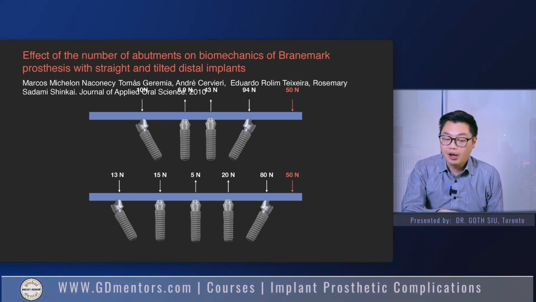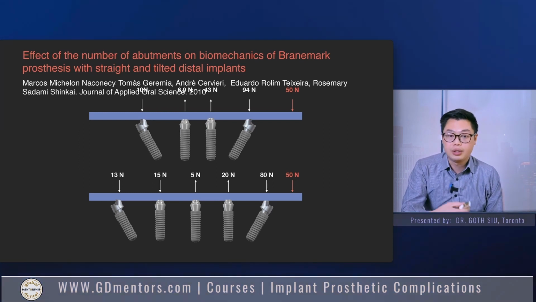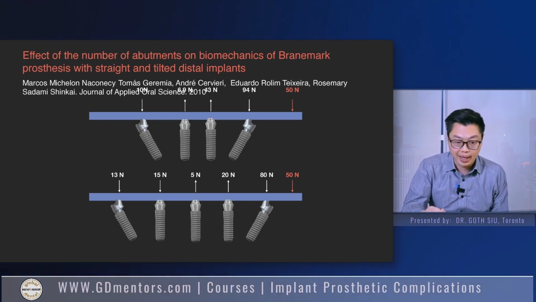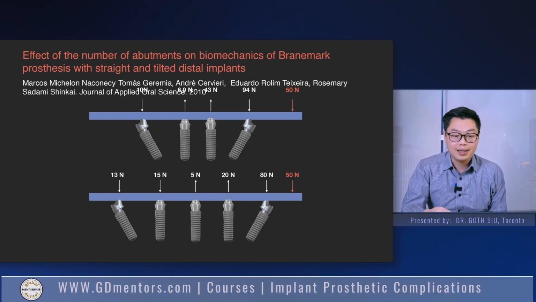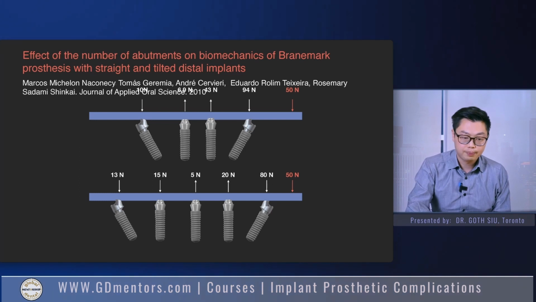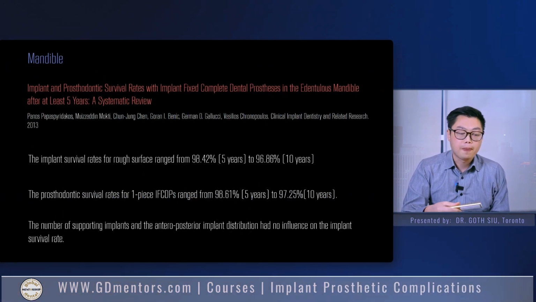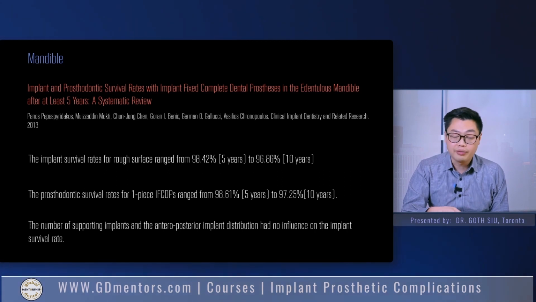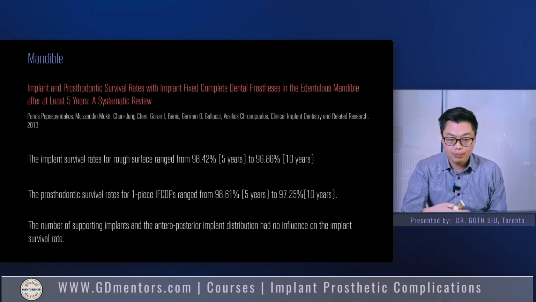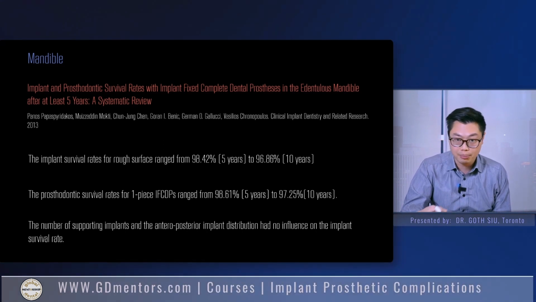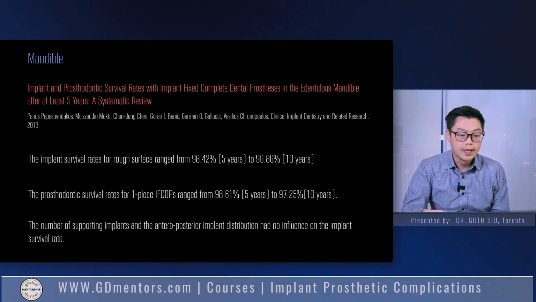So that's an argument for not doing more than 4 implants, because biomechanically the front implant doesn't do anything. However, in the mandible, the success rate of the implants and the prosthetics is not really related to the number of implants placed in the jaw.